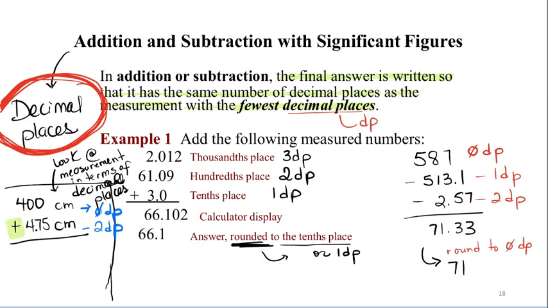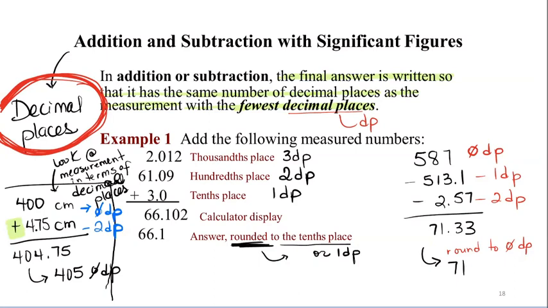So when I add these two numbers, even though my calculator display will say 404.75, my final answer here is going to be 405, a number that has 0 decimal places, because I am adding. I hope that helped.